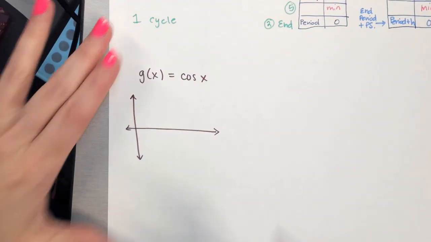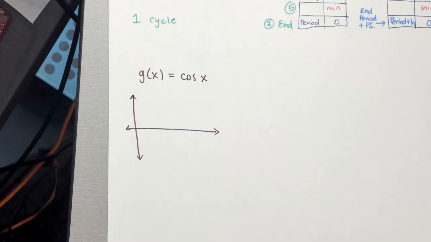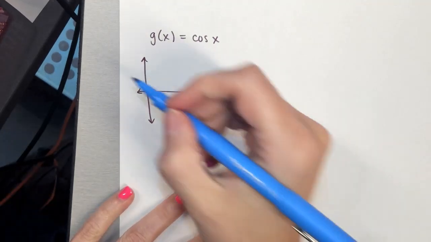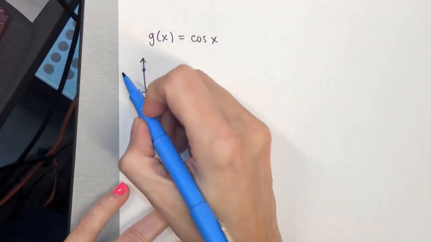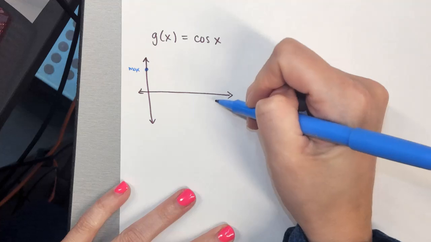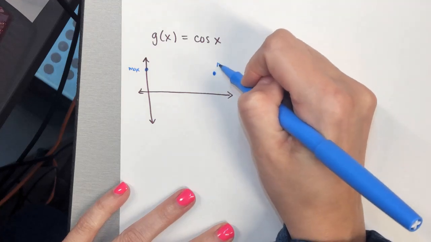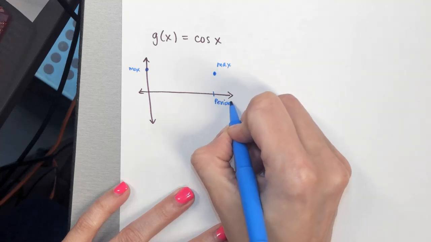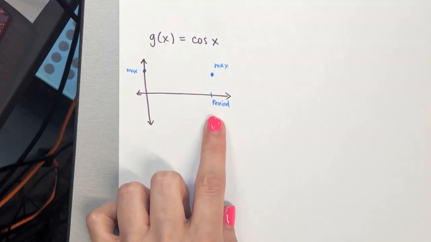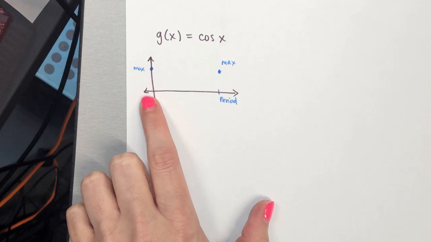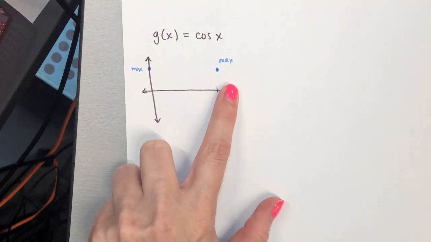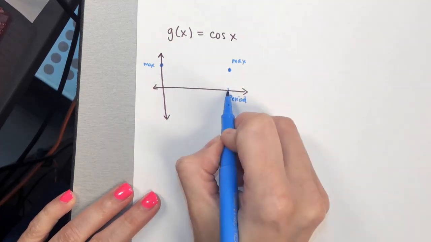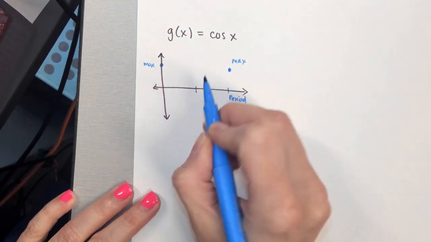For your cosine, your start value is not at 0. Your start x value is at 0, but your output is going to be the max. So you start at the max, you end at the max, and then when you are looking at that on the x scale, if you start at 0 on the x, you end at your period, and then this halfway, in wherever you made the period, do try to make this halfway.